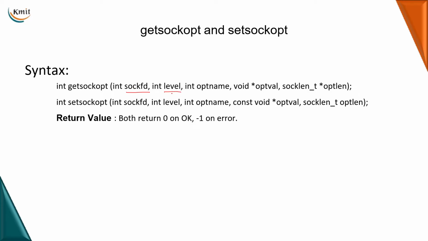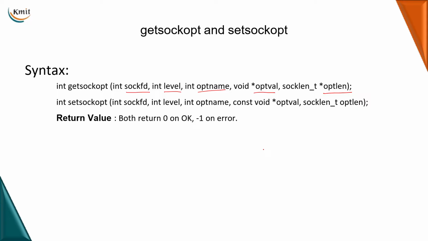The level specifies the code that interprets the option, whether it is a general code or a protocol specific code. Then the option name itself, and then a pointer to a variable which holds the new value to be fetched or stored, and the length of that particular variable.